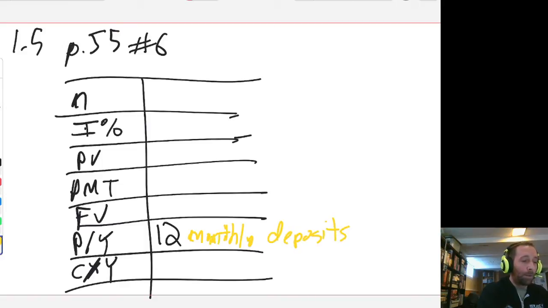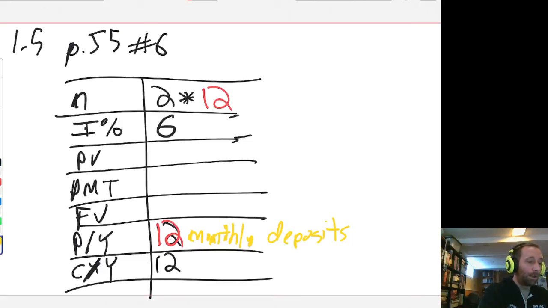The same amount of money was deposited every month for 2 years, so N will be 2 times 12. So there were a total of 24 deposits over a 2-year period, in a savings account that earned 6% interest, compounded monthly.